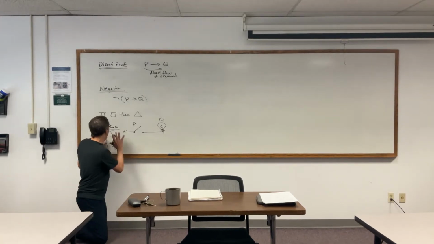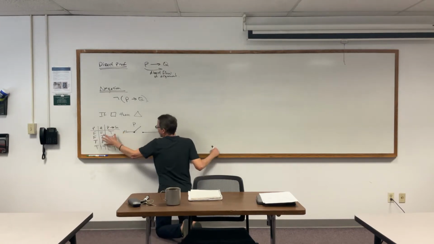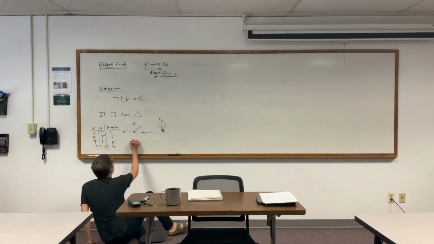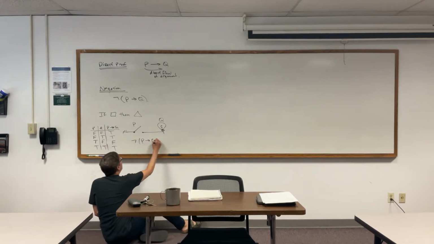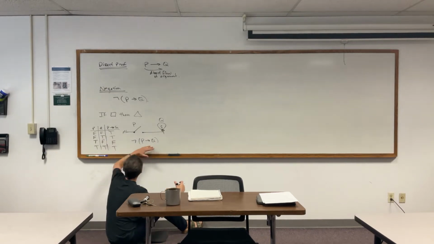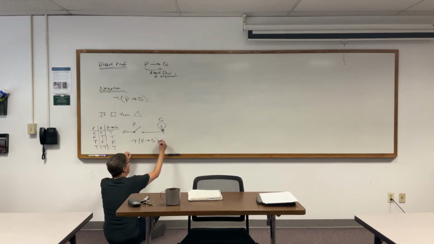So what is the opposite of this? To say that this thing isn't true, not (P implies Q) is the state where P implies Q is actually false. So this will be true, this is true.